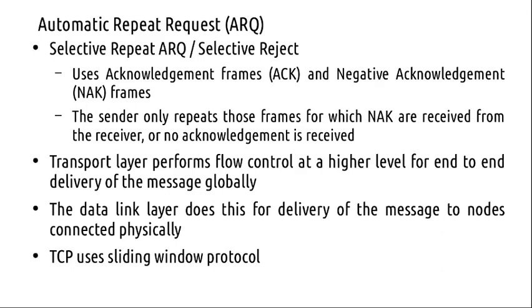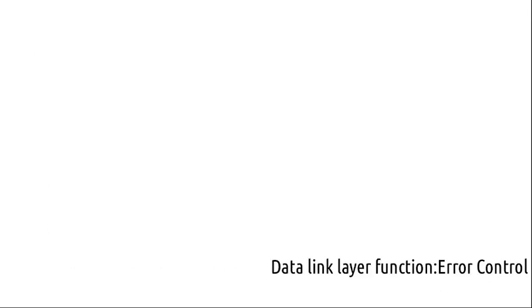It will make the best effort to deliver that frame, best effort to deliver the packet. That is the connectionless protocol. It still cannot ensure 100% reliability. That is the best effort service. You can say it is making the best effort to do that. So that brings us to the next function of the data link layer, which is called error control.